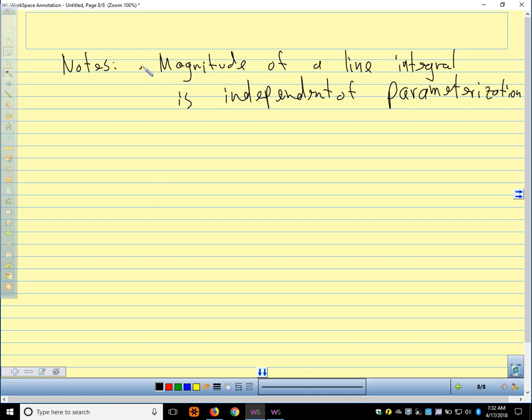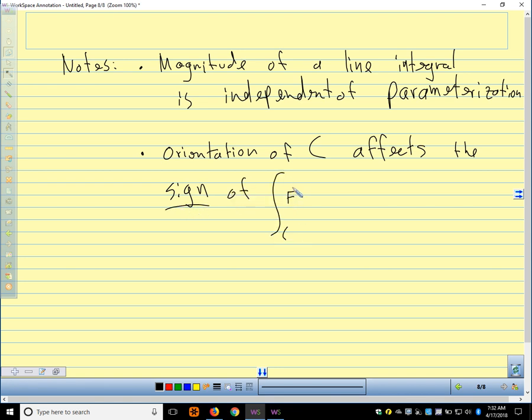The orientation of the curve, so which direction we're traveling on the curve, affects the sign of a vector line integral. This would be in differential form m dx plus n dy plus p dz.